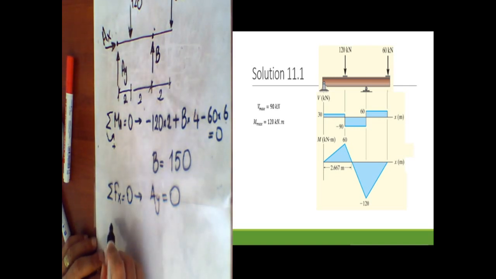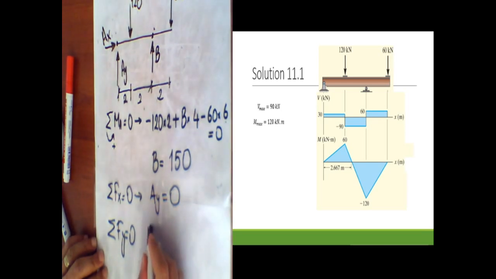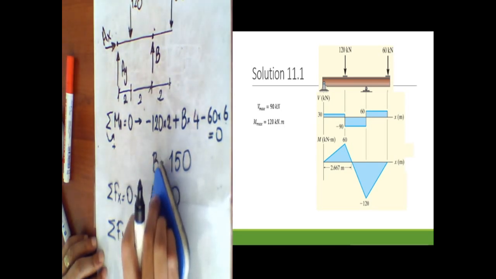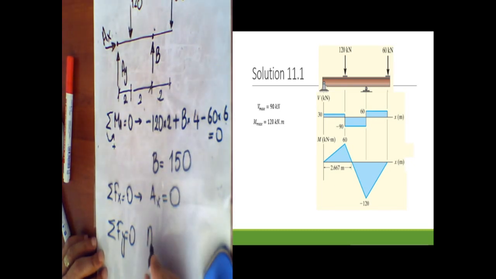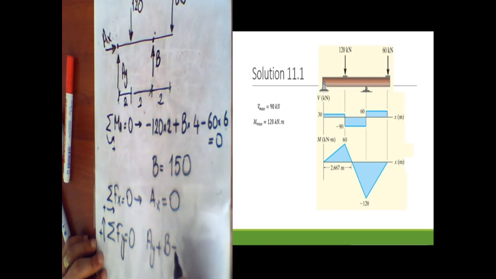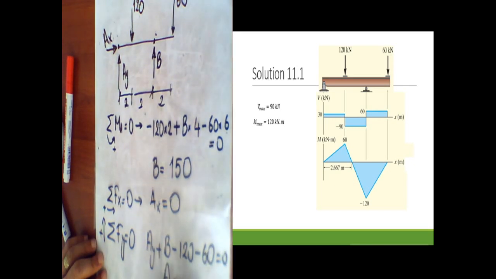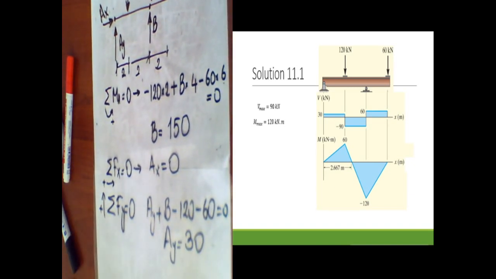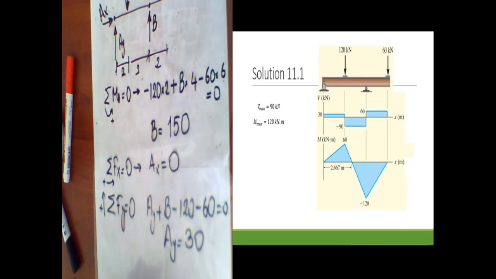And the last one, sigma Fy is equal to 0: AY plus B, with this direction positive, minus 120 minus 60 is equal to 0. You can find AY is equal to 30. So we have found the reaction forces.